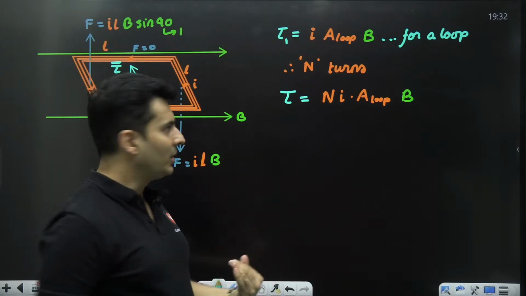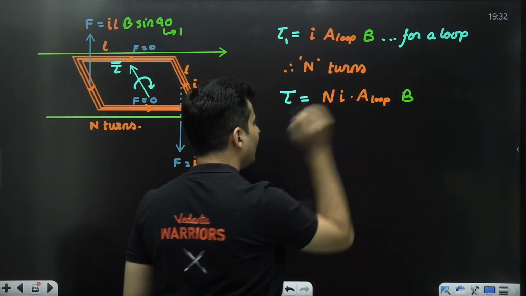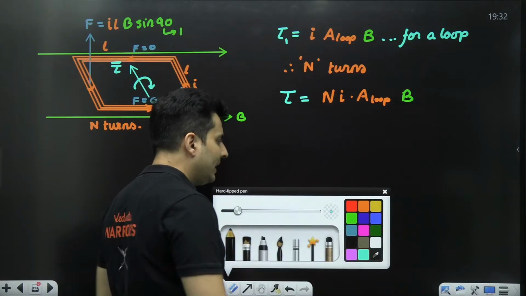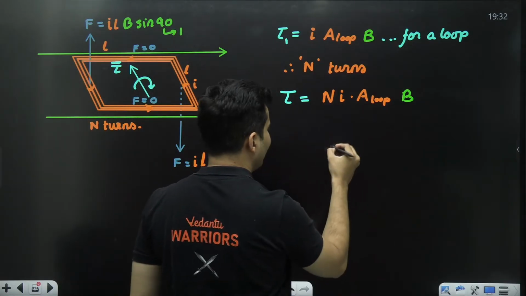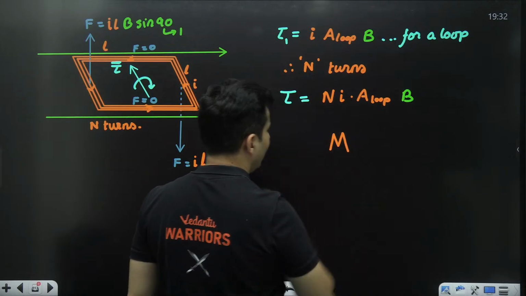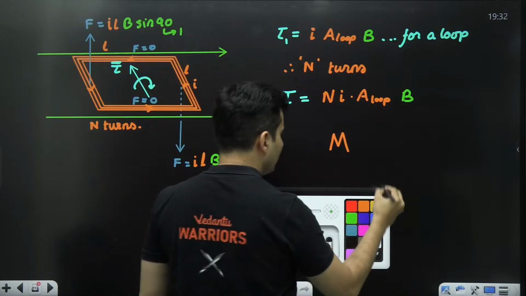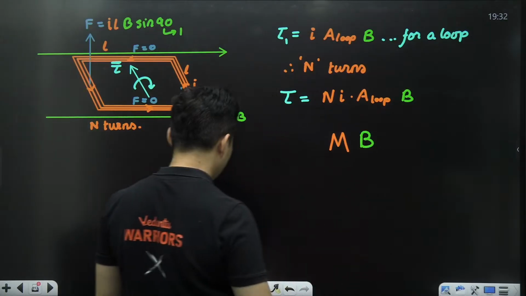So what I do now, this NIA, which is there, number of turns into current into area, I write it as a new quantity, but as a vector quantity called M, which is called the magnetic moment. This B is as it is.